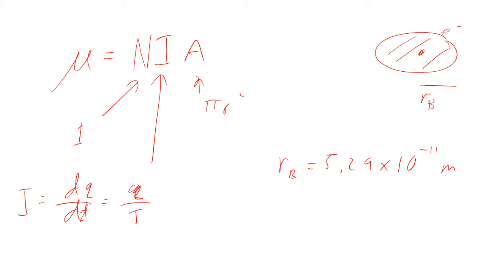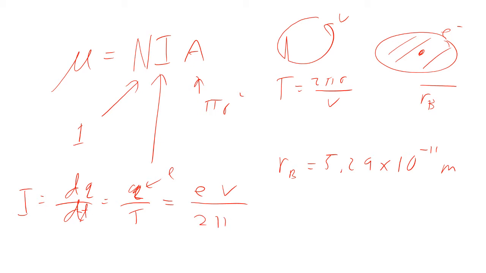If the electron is going around at some velocity v, the period is the distance around, 2 pi r, divided by the speed. Q is e, so I is e times v over 2 pi r, where that v is not the voltage, that v is the velocity of the electron.